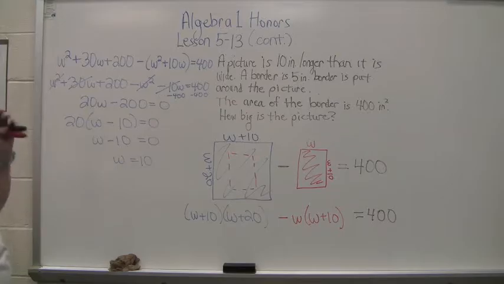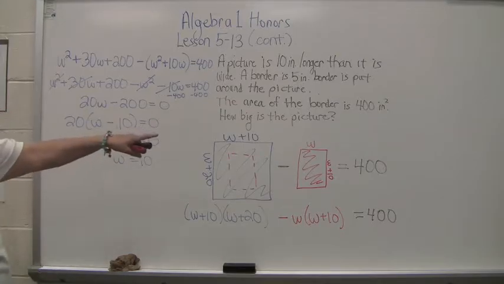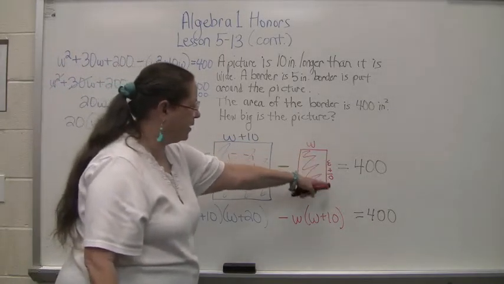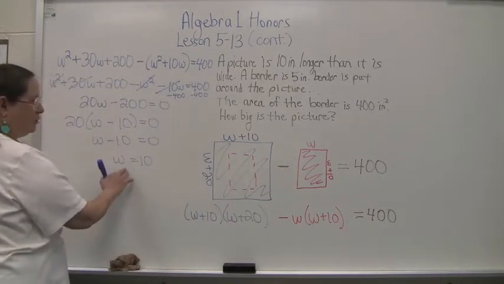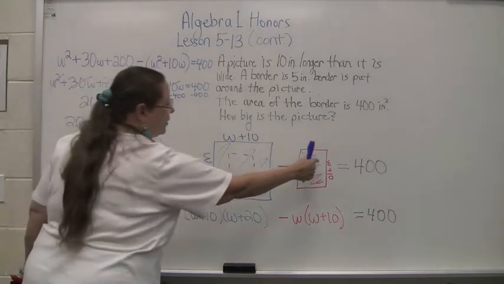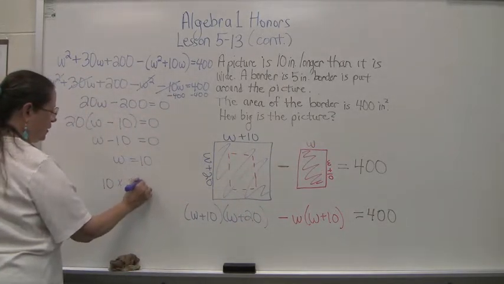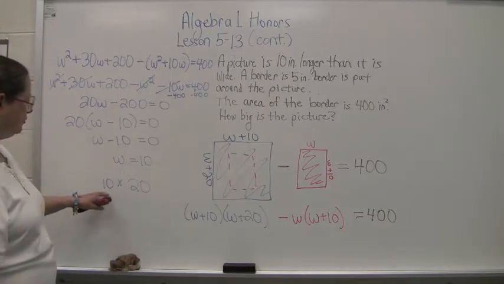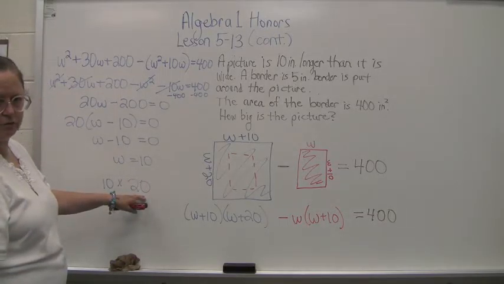Okay? So, how big is the picture? The picture was W by W plus 10. So, W is 10 by W plus 10 is 20. Our picture was 10 inches by 20 inches. Okay?